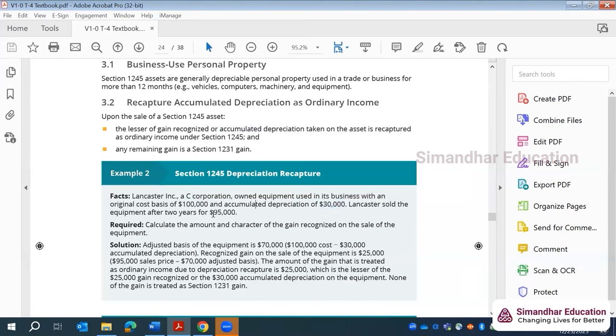Now, I am selling the property for $95,000. Is the sale price over and above the purchase price of the asset? The purchase price was $100,000. Your adjusted basis is $70,000, but you're selling it for $95,000. So you are not selling the equipment over and above the original purchase price. So what is your gain in this transaction?